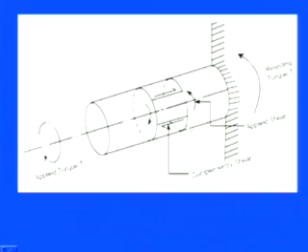Due to the torque, the object has a tendency to develop shear forces. These are the applied shear stresses, coming from the applied torque, and due to this resisting torque, we have these complementary shear stresses. So this is the applied shear stress, and this is the complementary shear stress.